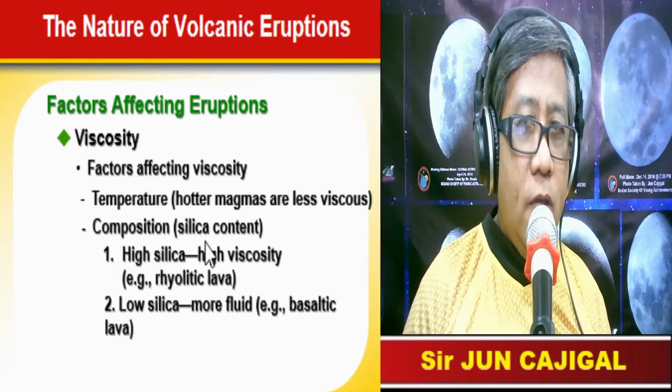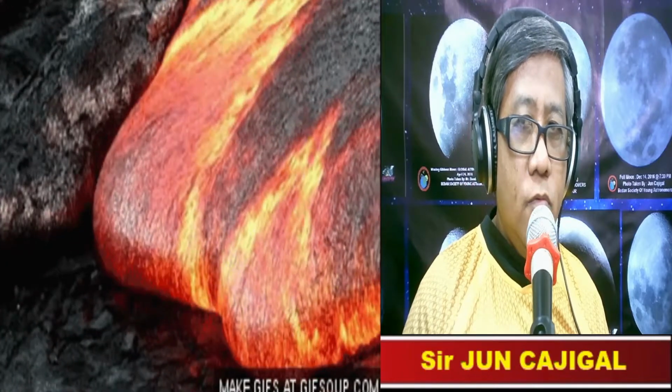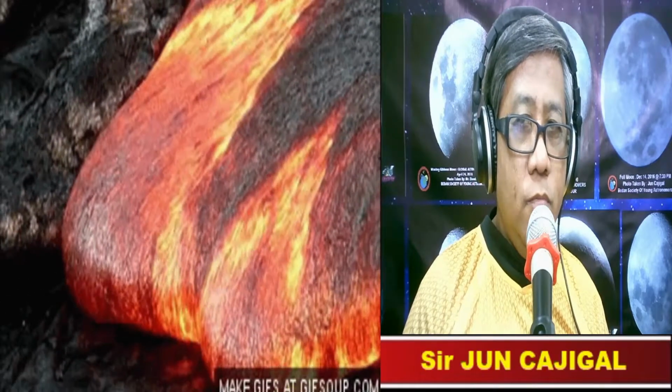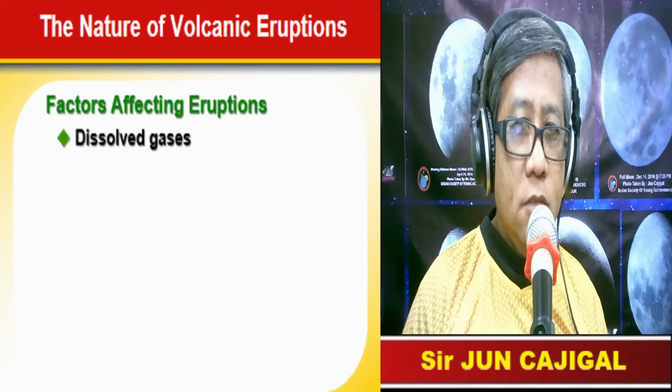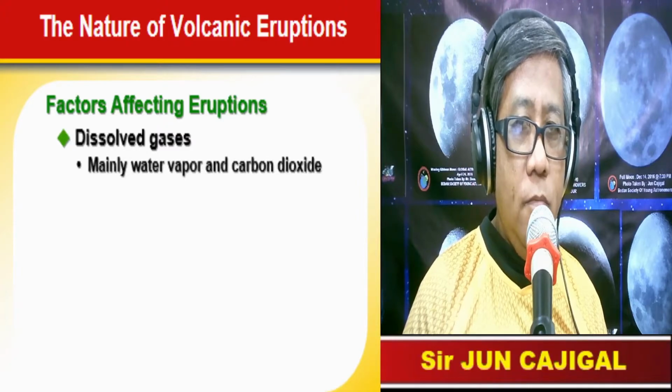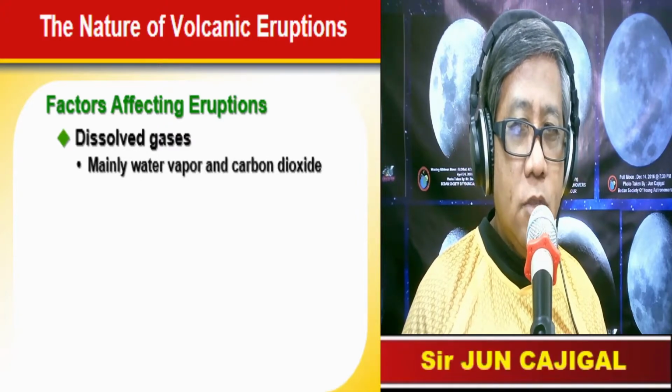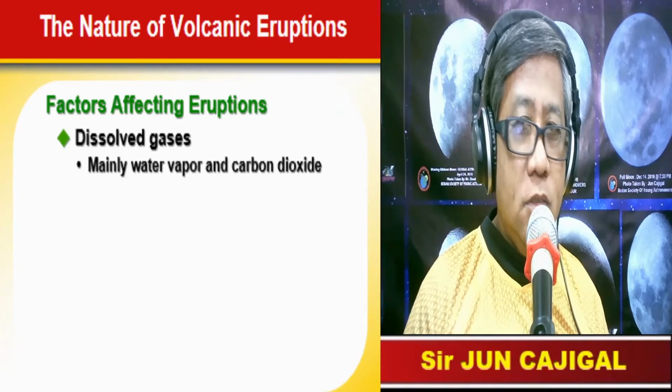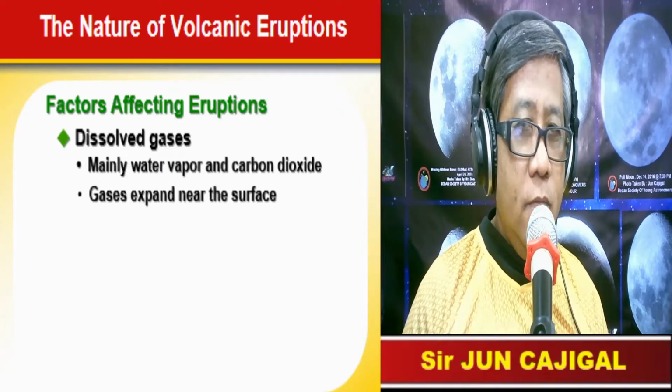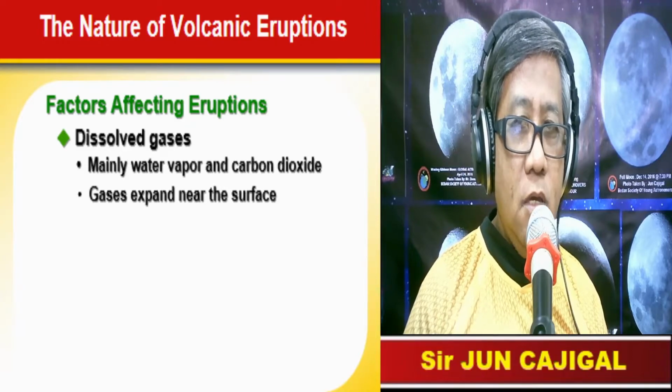Now, another factor that may affect the eruption of a volcano would be the amount of dissolved gases present in the magma. Now, these dissolved gases are mainly water vapor and carbon dioxide. And these gases, they tend to expand near the surface. These gases, eventually, they escape through openings called vents.